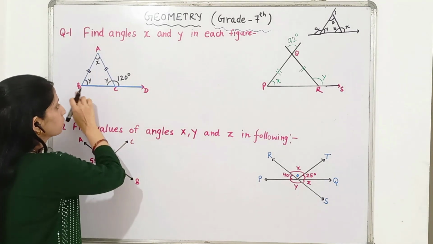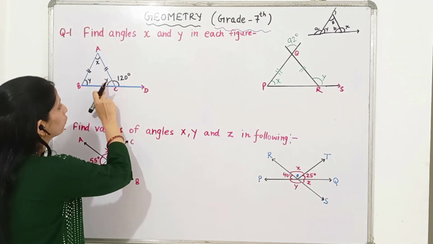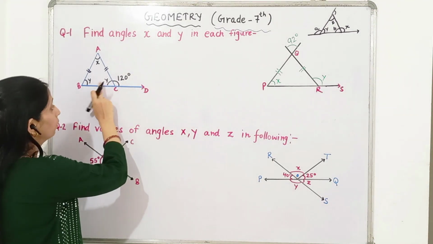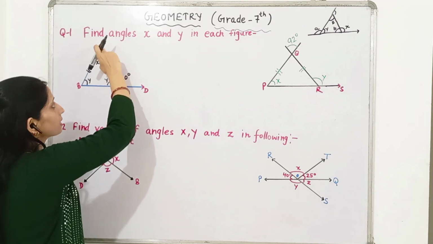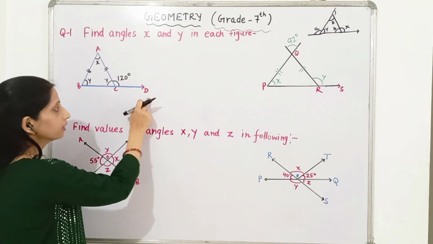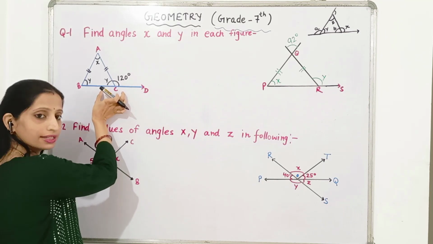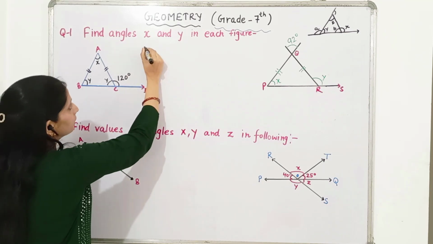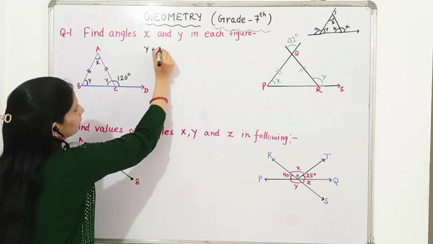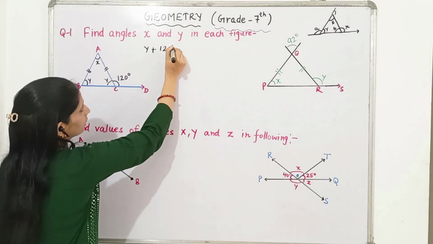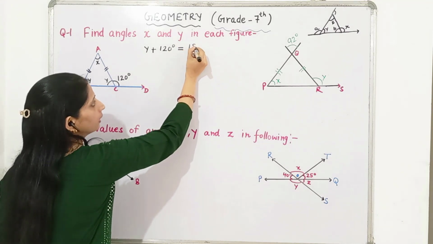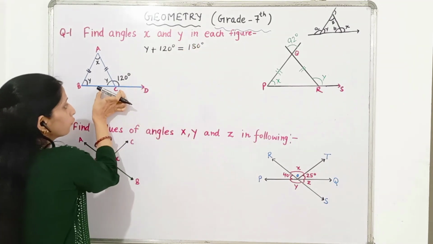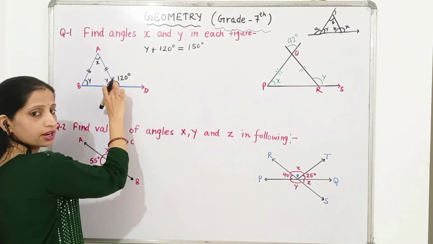So for this, first of all, we need to find out y. How will we find it? Angle ACB plus angle ACD, these two are making a straight angle. This means y plus 120 degrees will be equal to what? 180 degrees, because the angle formed on a straight line is 180 degrees.